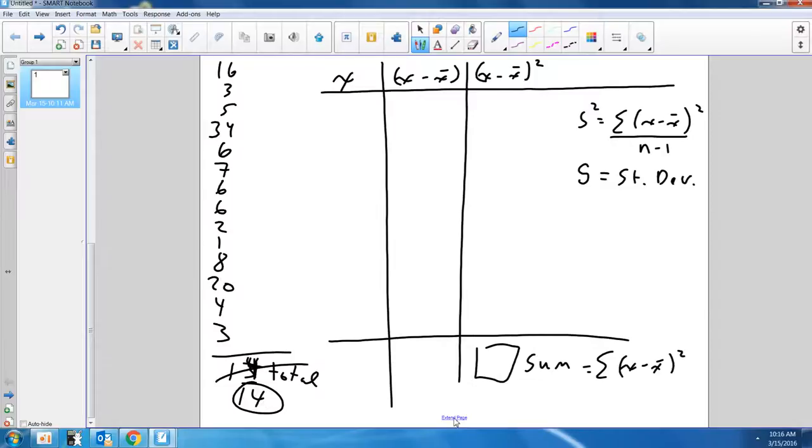So that's going to be the process that we're going to actually do. Create a table, get the sum, divide it by n minus 1, and then take the square root. These are just little notes as I go through this process.